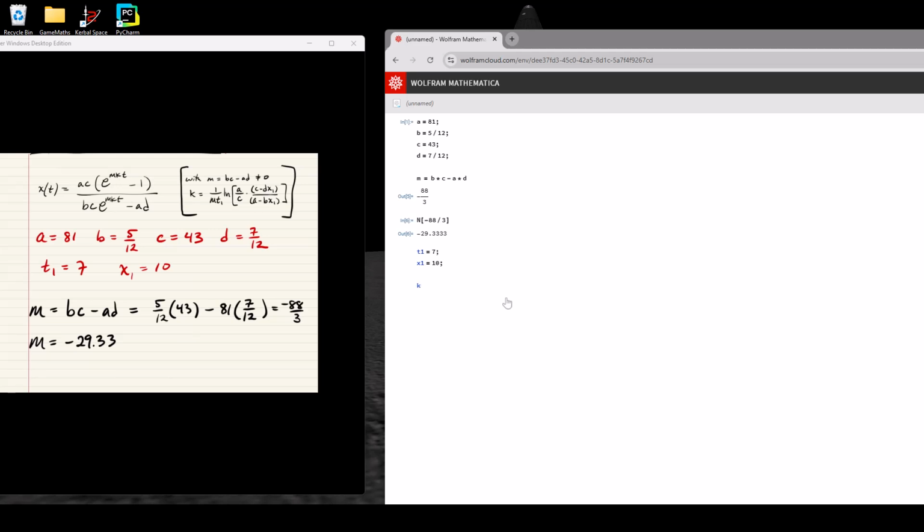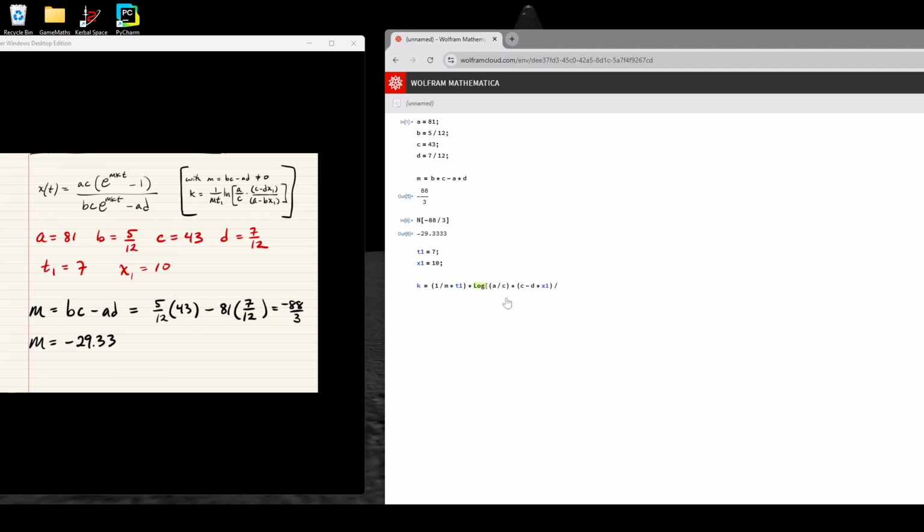And now I can compute k, which I'll have that equal to, let's say 1 divided by m times t1. And then multiply that by, in Mathematica I have to use log for the base e, natural log. We just use log like that. Bracket, I'm going to do the quantity a divided by c multiplied by c minus d times my x1.